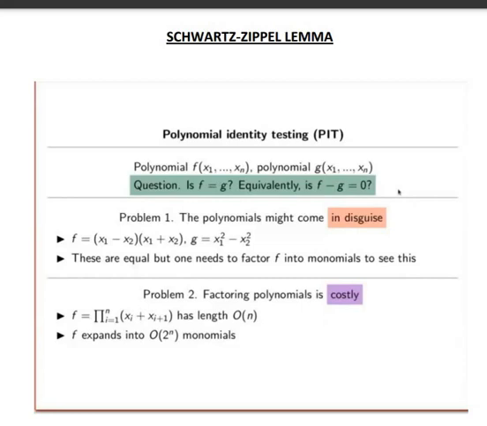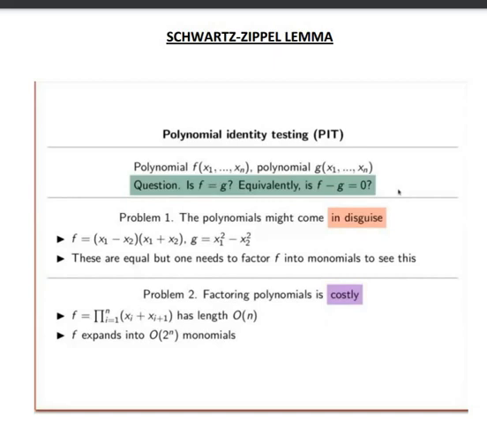So we have the two polynomials f and g here, but we know that they are the same. (x1 minus x2) into (x1 plus x2) is actually equal to x1 squared minus x2 squared. But even if they are equal, one needs to factor f into monomials to see this.